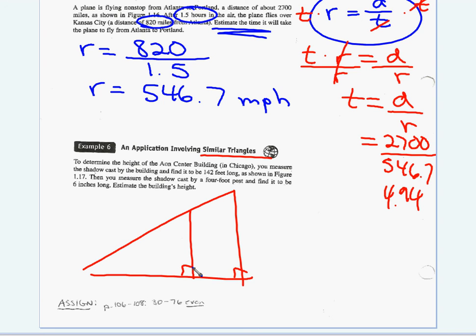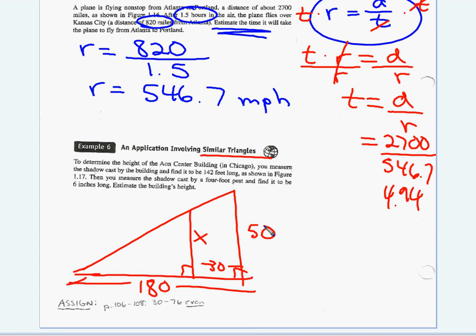So let's say that this whole thing is 180. And then this little distance in here is 30. And let's say that this is x and this is 50, just say.